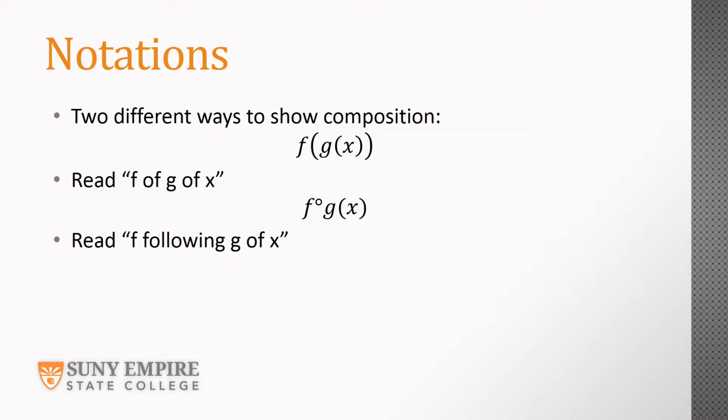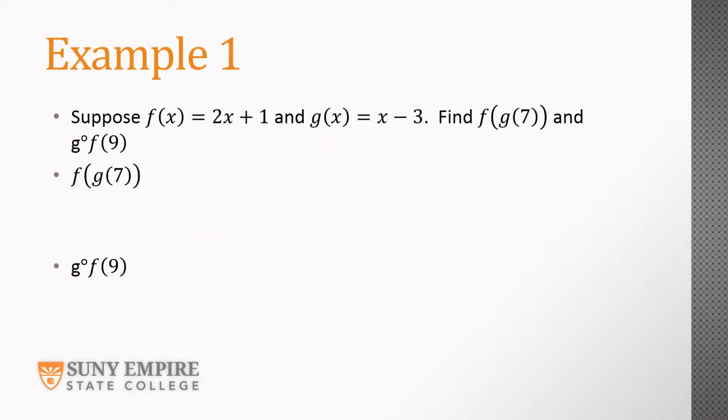Let's see some examples. Suppose we have the functions f(x) = 2x + 1 and g(x) = x − 3. We want to find f(g(7)) and g following f of 9. To find f(g(7)), we start by finding g(7).